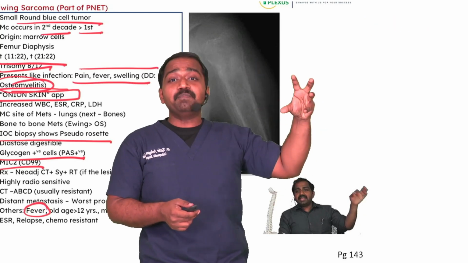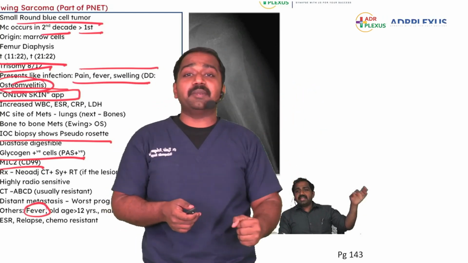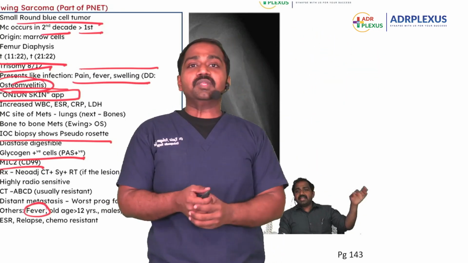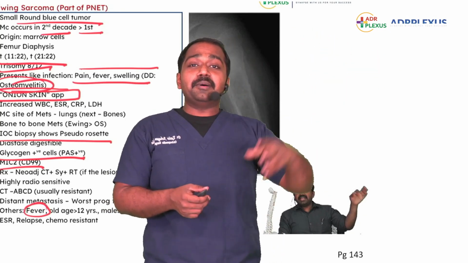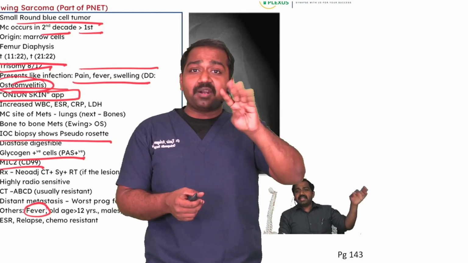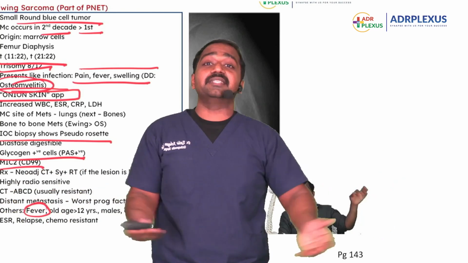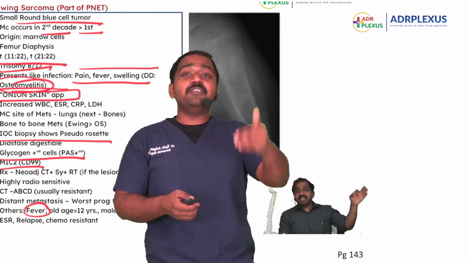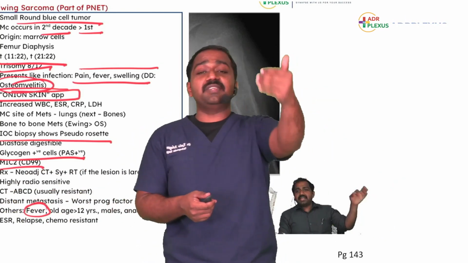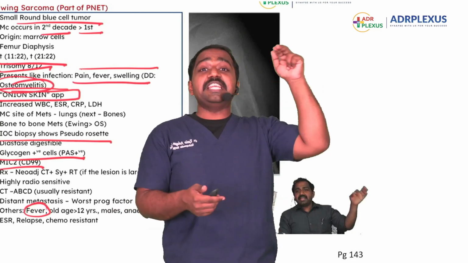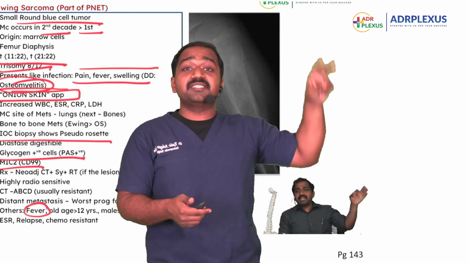But actually, if there are 100 Ewing sarcomas, 60 would happen in the second decade, and in the first decade only 40. But during the first decade there are no other competitors. That is why in the first decade the most common tumor is Ewing sarcoma, in the second decade the most common tumor is osteosarcoma, but Ewing sarcoma most commonly happens in the second decade.